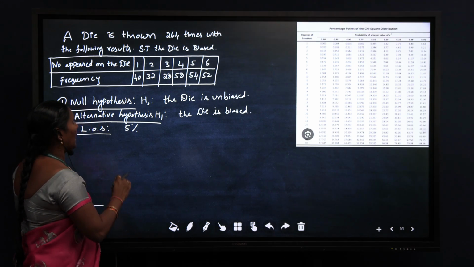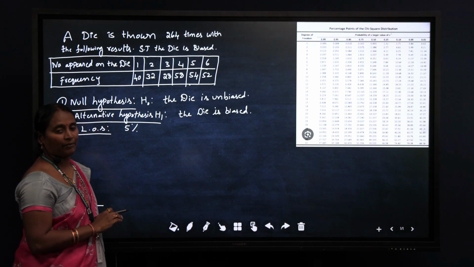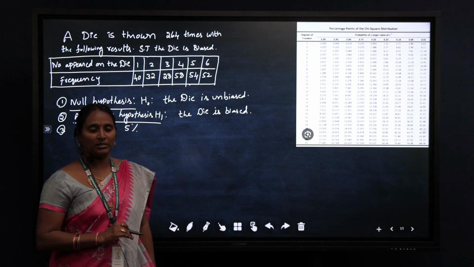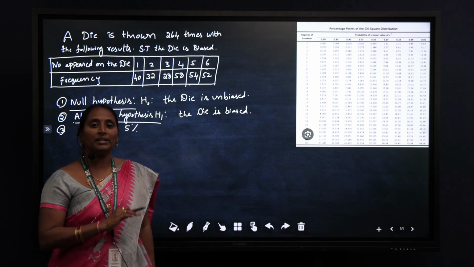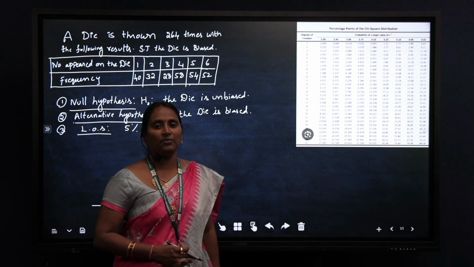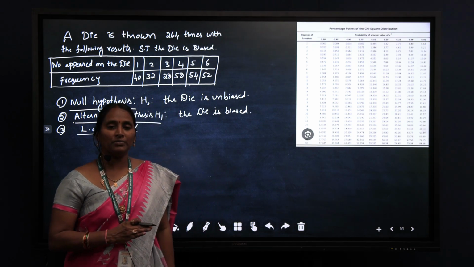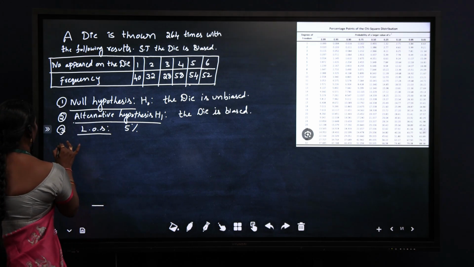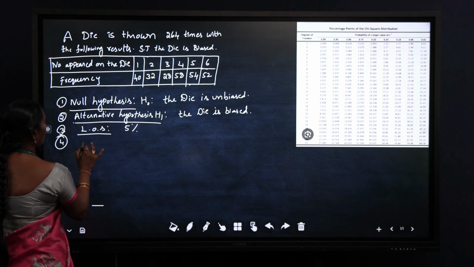Now we have only the observed values and the expected frequencies. In the chi-square test for goodness of fit, we test whether there is any significant difference between the observed frequencies and expected frequencies. Now we define the formula of the chi-square test.